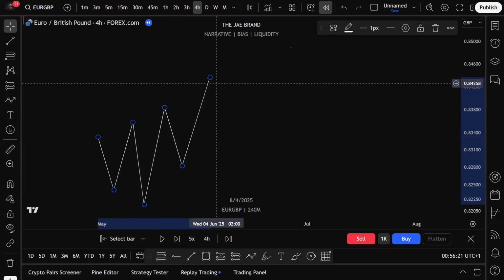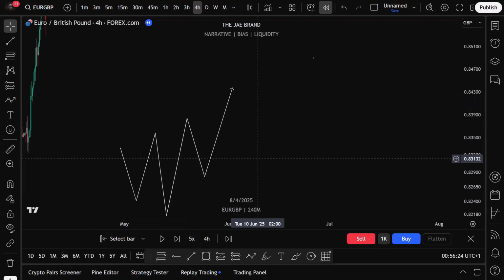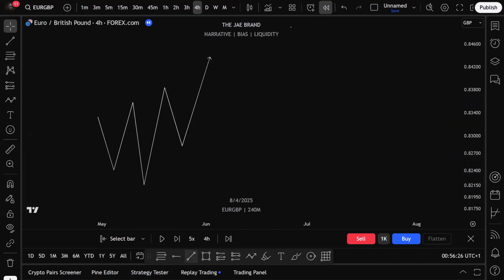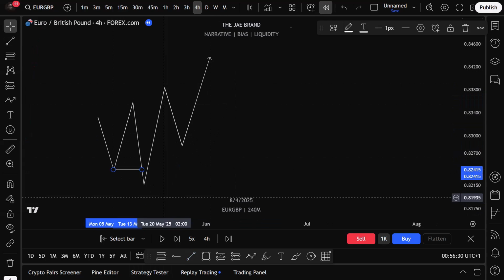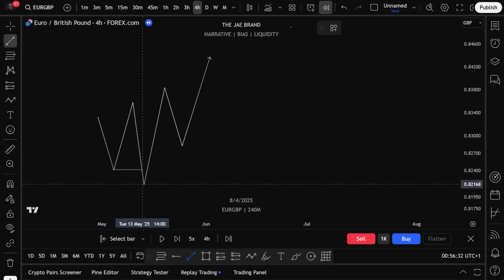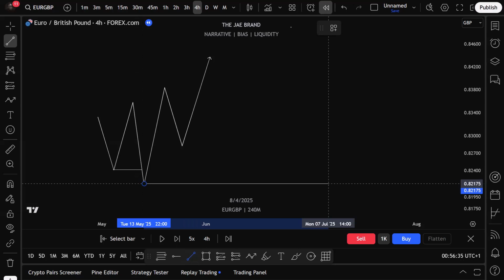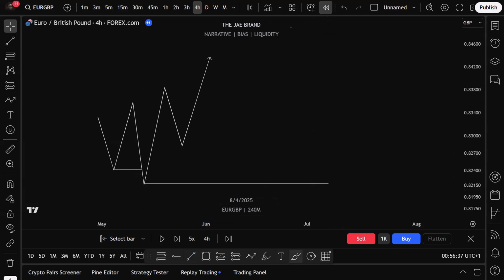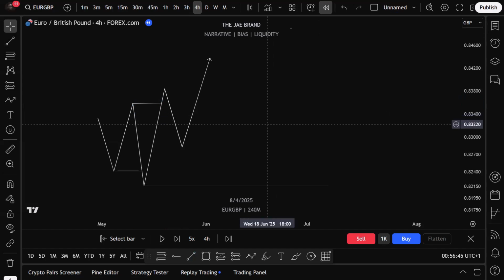This is our structural liquidity, and then I said this is our sweep of the recent low. This low is supposed to be protected, and this is our break of structure, which is our transactional liquidity.